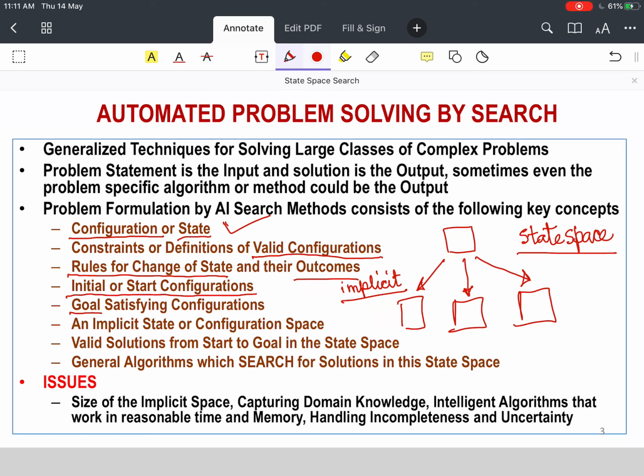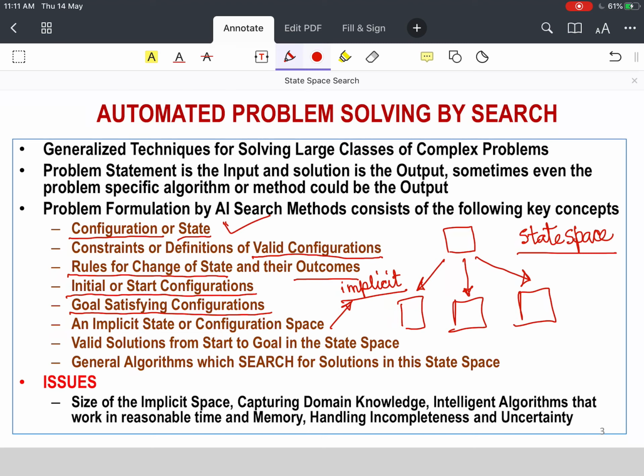We are given the configurations where a goal condition is satisfied. And this implicit state space is created by the start state, the goal conditions, the definition of the state, and the state transformation rules. Our job now is to find a valid solution from start to the goals.